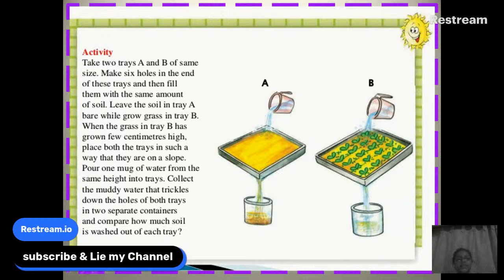Collect the muddy water that trickles down the holes of both trays in two separate containers. Now, can you compare how much soil is washed out of each tray? Yes, we can obviously compare. As you can see in the picture, in tray A there is more soil drained out, and in container B there is less.